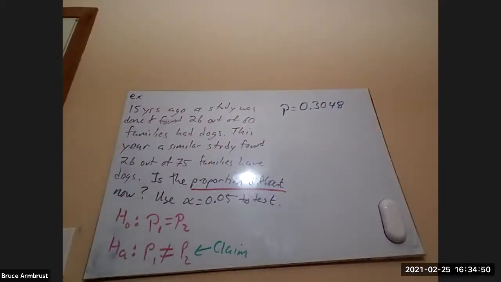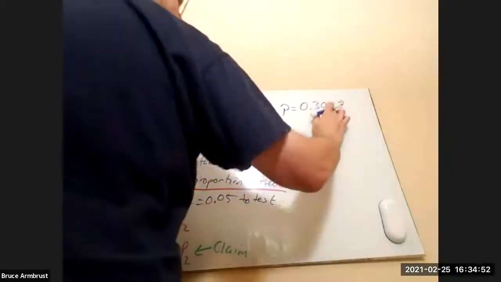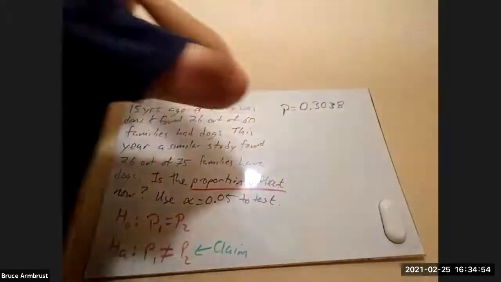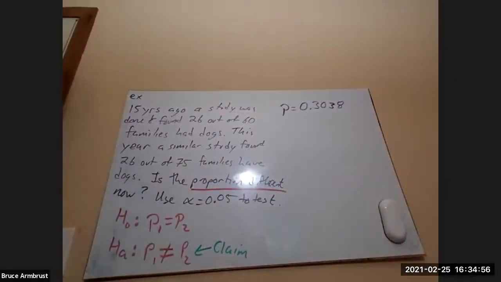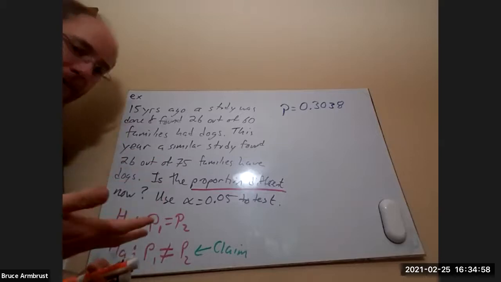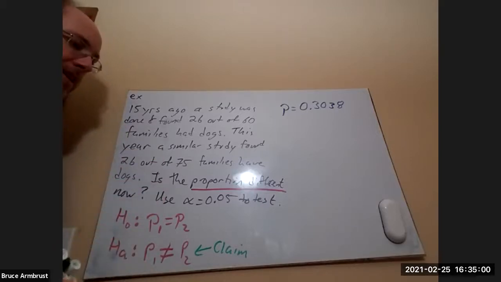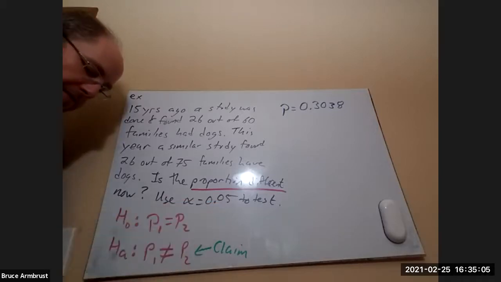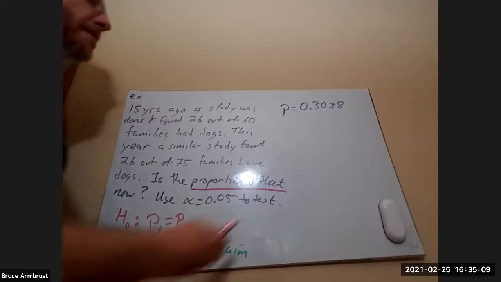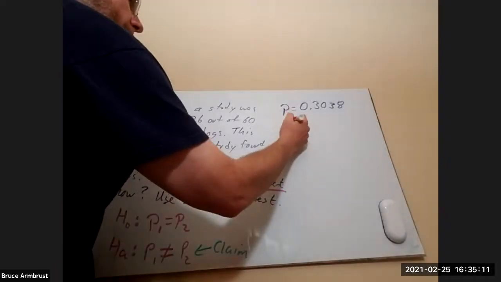I actually don't really care about the exact decimal at this point, because it doesn't really matter. Again, we look and see how does that compare to alpha. So we were at the 5% level of significance. Again, we see that our p is greater than alpha.